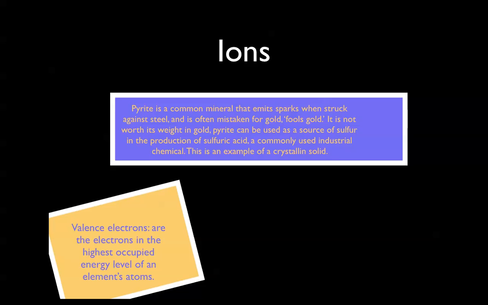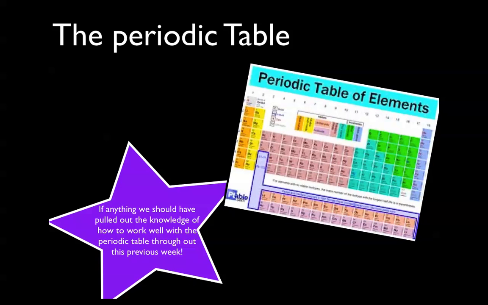And valence electrons are the electrons in the highest occupied energy level of an element's atom. Just something to remember and know. And we worked a lot with the periodic table. We had like 3 worksheets over it.